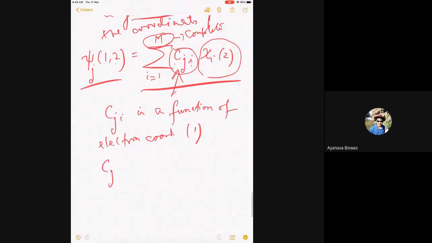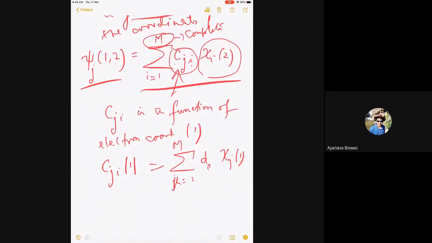So I can write Cji of 1 in the same m-dimensional basis as some d of chi j, or I can expand in k, whatever, k equal to 1 to n.